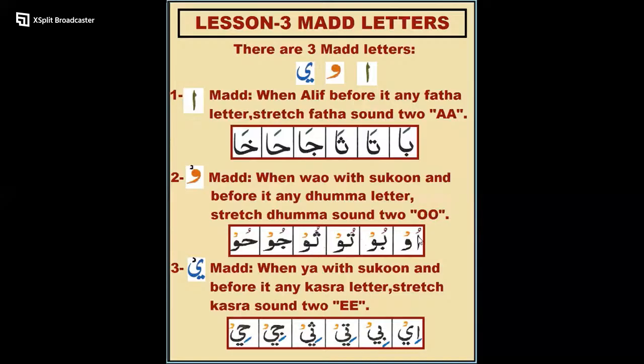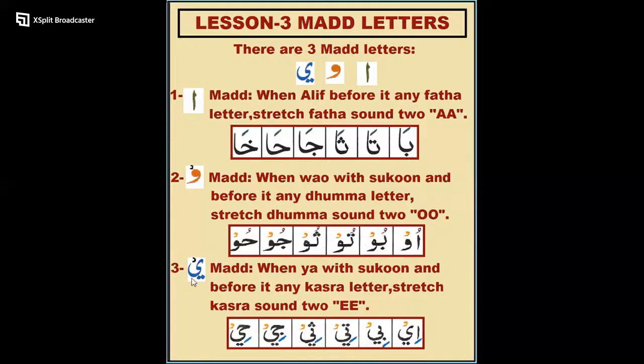So this joining sound, dhamma joining with the waw, we stretch it. Ba waw dhamma boo, ta waw dhamma too, same way su, ju, hu. All these sounds, when we stretch waw long, we call waw mad.